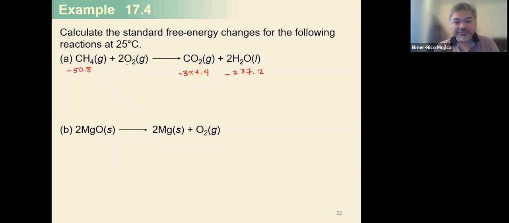And what do you think the value of this oxygen is? That's 0. And if you have the magnesium here, this is equal to 0 also. And this is equal to negative 569.6. So try to solve it. I'm going to get some water, but I'd like you to solve it.